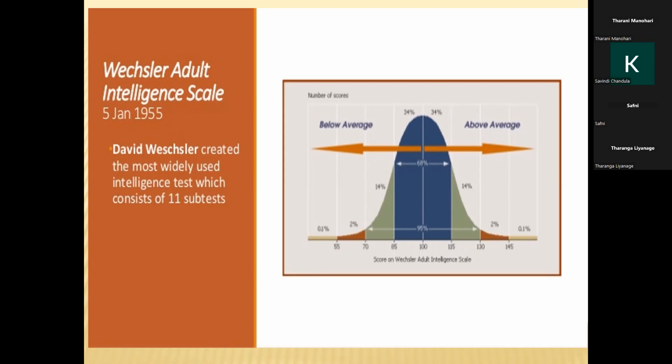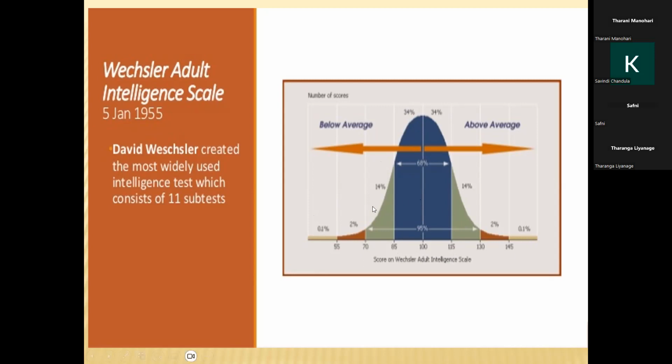And then below that, it's 34% here. So now to this side, if we say 50%, 34, then 16% of the population is below 85 in intelligence. This is not good, right?